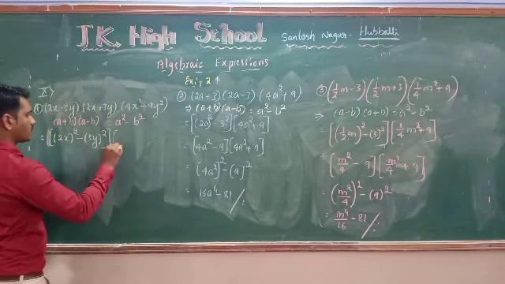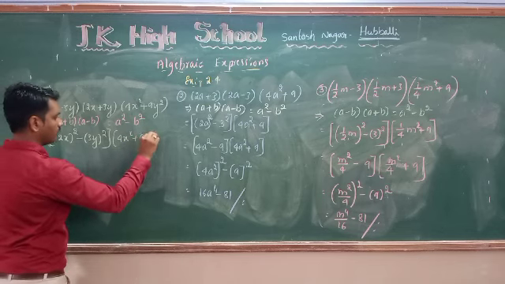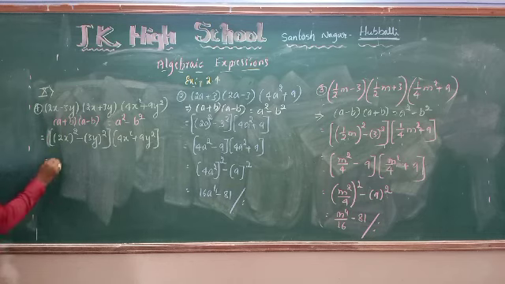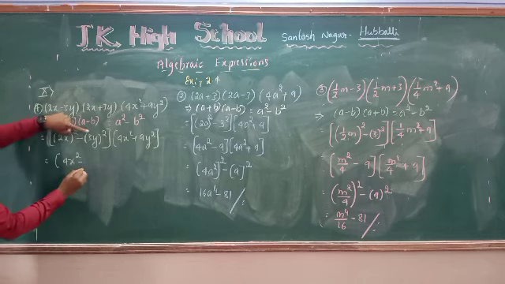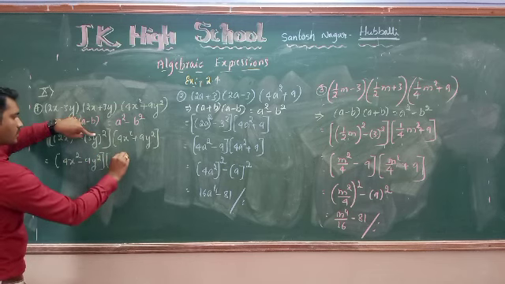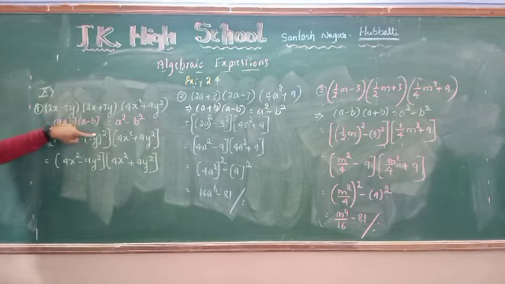The next value as it is, 4x square plus 9y square. Simplify it: 4x square as it is, minus 9y square. Next step, write as it is, 4x square plus 9y square.